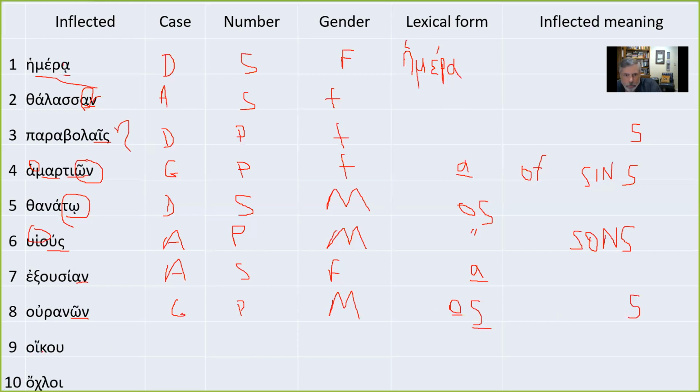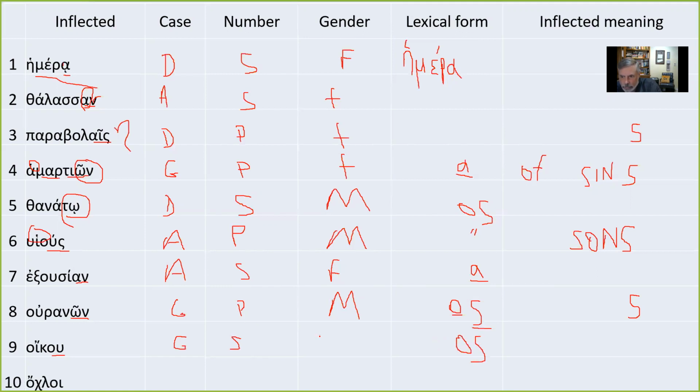Next word is oikou. Well, the omicron upsilon ending is going to be the genitive singular, and it is either masculine or neuter. The only way I know is if I know the lexical form. Well, the lexical form is oikos, again with the omicron sigma ending.